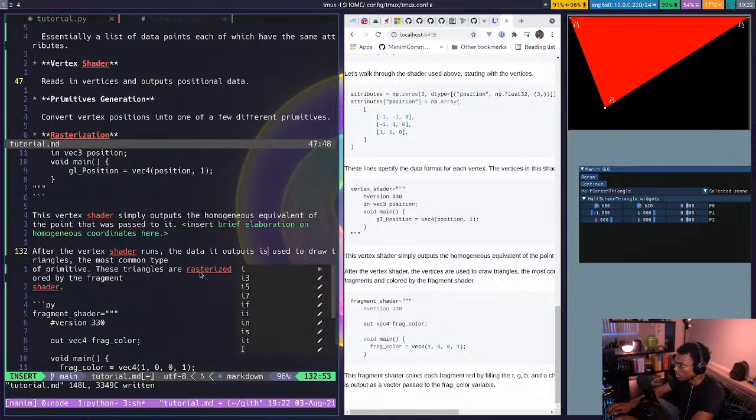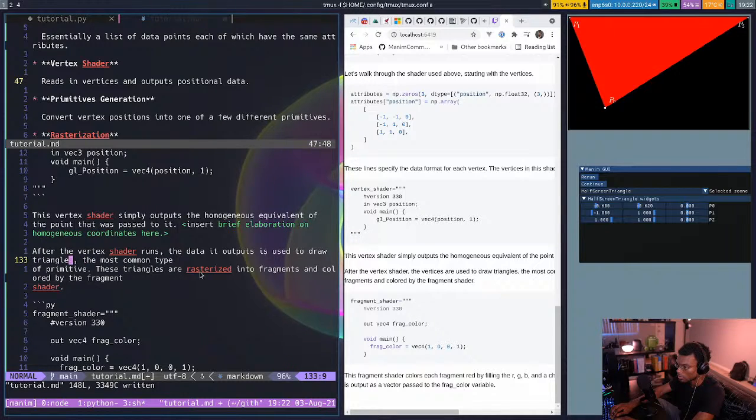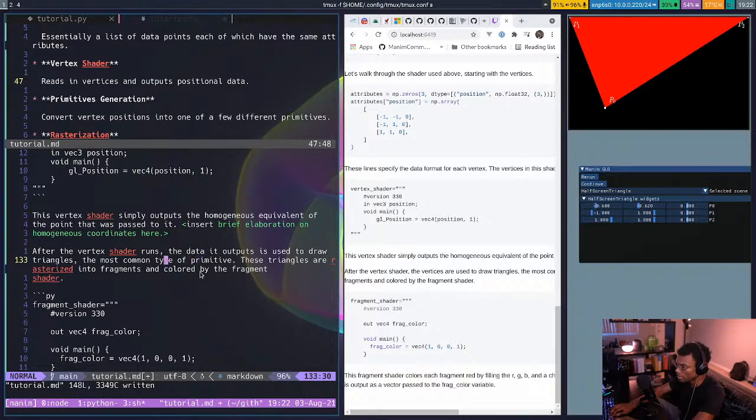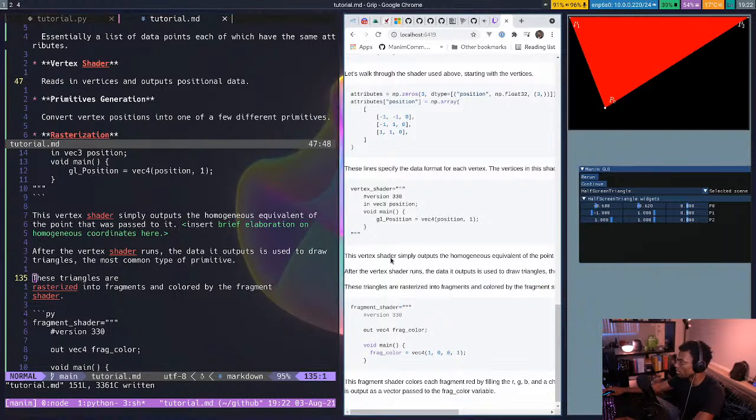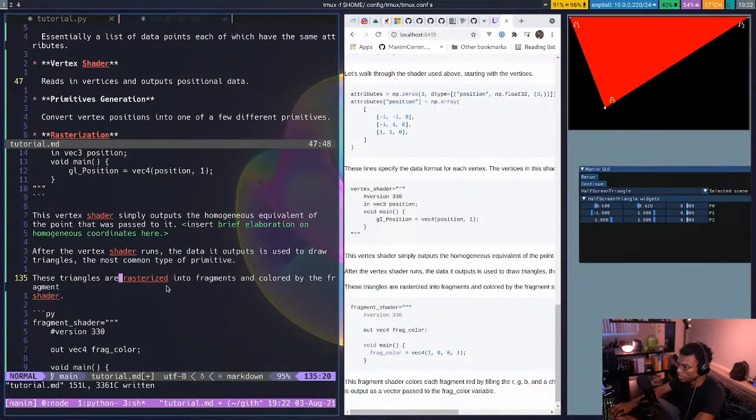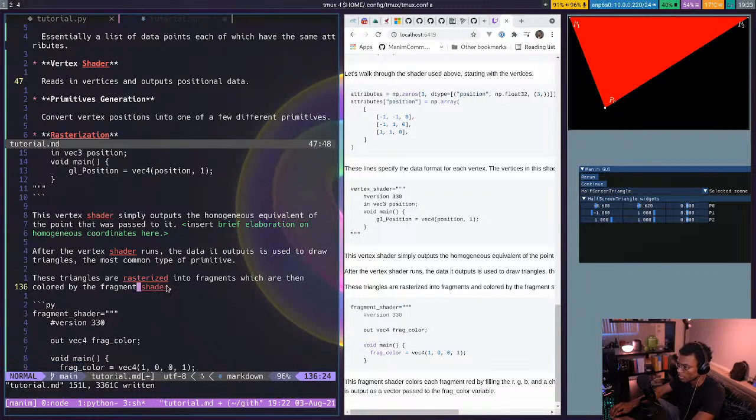The data output is used to draw, let's say, triangle primitives. That's actually good. Triangle is the most common type of primitive. I'll just put a new line there to emphasize that it's a single step. These triangles are rasterized into fragments, which are then colored by the fragment shader.